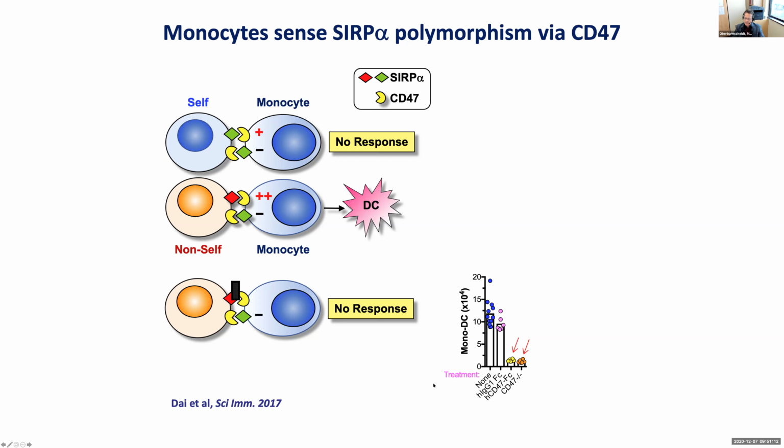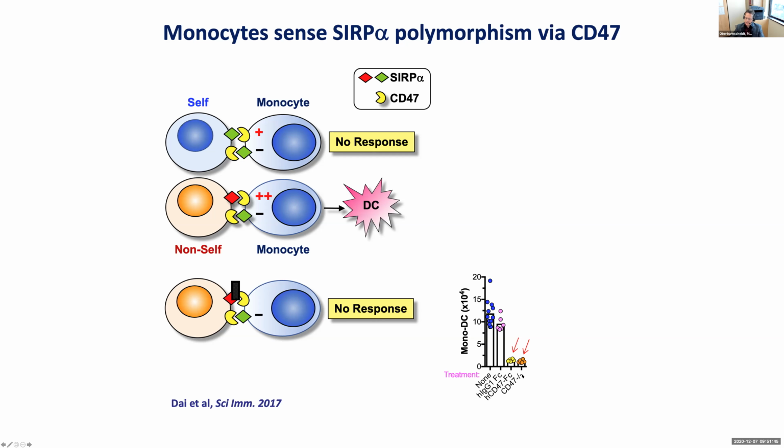What the human CD47 Fc does is that the NOD SIRP alpha has a very high affinity for the human CD47, contrary to the B6 SIRP alpha. So using this human CD47 fusion protein, we could specifically block NOD SIRP alpha on donor cells. And as you can see in the quantitation of infiltrating mono-DCs here, you get a suppressed response because you block this interaction.